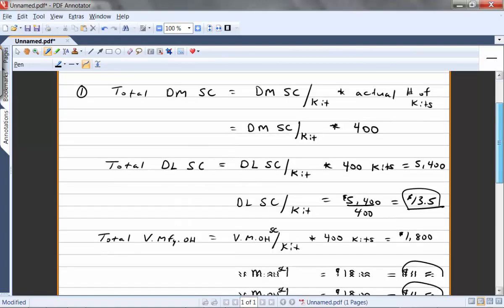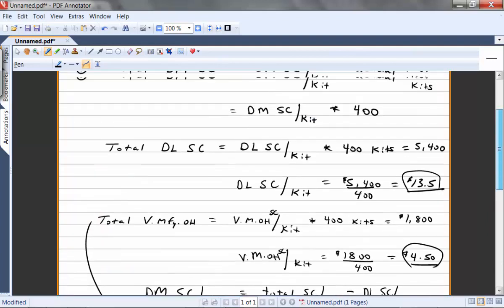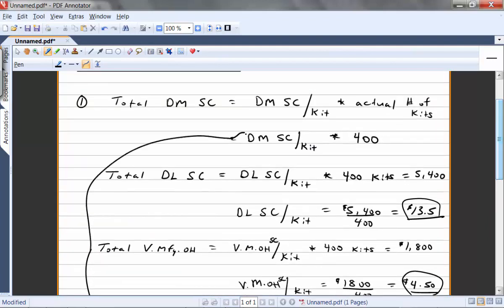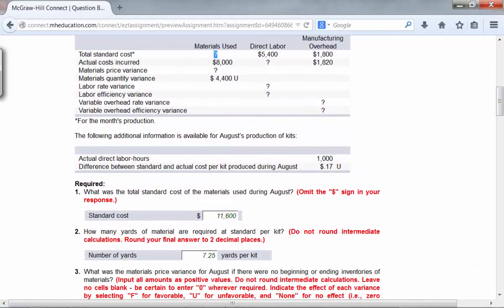Total direct material standard cost would be the direct material standard cost per kit, which we figured out, 29, times the 400 equals 11,600. That's the answer. So 11,600 for the first one. You can check, see it's right there.